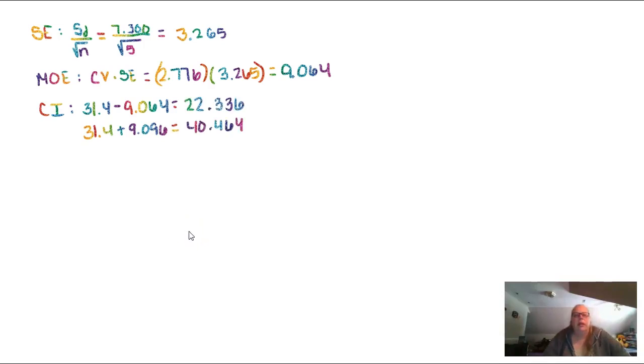Here are the numbers that I get when I do the subtraction and the addition. When I write my confidence interval, I'm going to round to the first decimal spot, so I'm going to call this 22.3 to 40.5. And we're going to go with this to be our confidence interval.